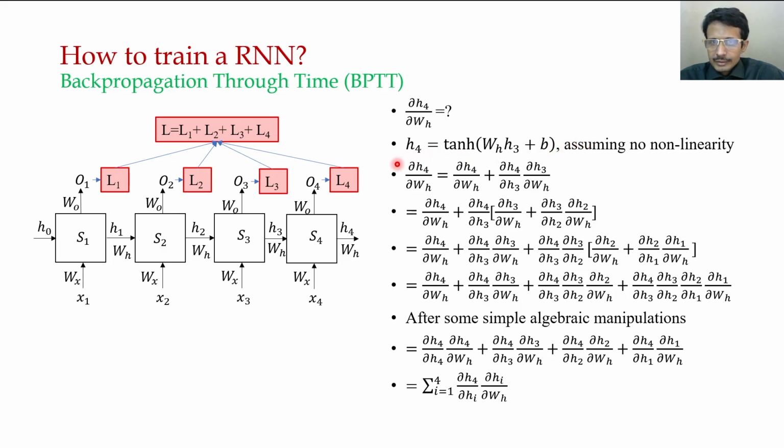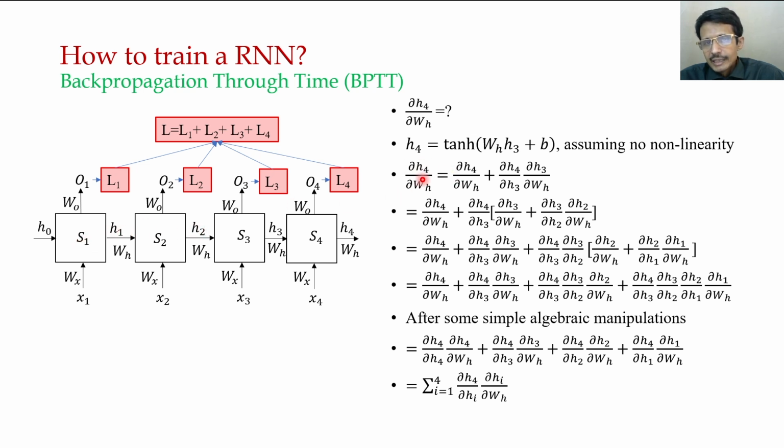Now here one thing is very interesting. When we take this derivative, this formation is a kind of ordered network, and when we do this kind of derivation, there are two parts. One is where we consider everything constant, and the other is where we consider how H4 depends on H3, H3 depends on H2, and H2 depends on H1.